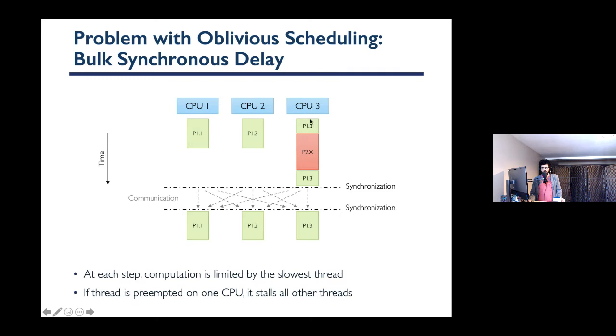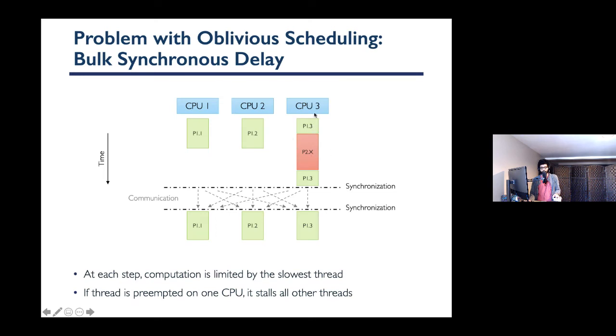This CPU3 doesn't know that this is P1.3. So this is thread 1 of processor 1, this is thread 2 of processor 1, and this is thread 3 of processor 1. If CPU3 doesn't know or doesn't care about dependencies, it could potentially context switch here from P1.3 to P2.x, some thread from P2. Who cares, right? I don't have any hints that this is a bad decision.